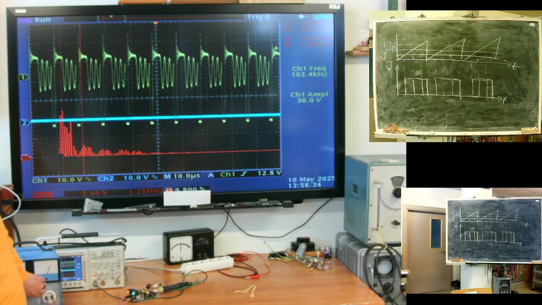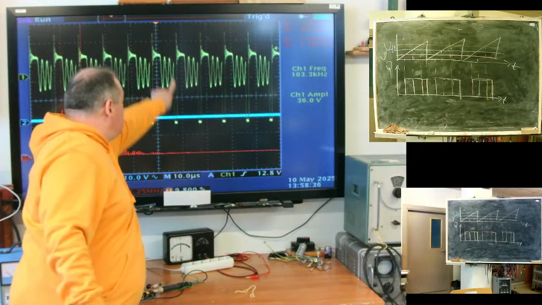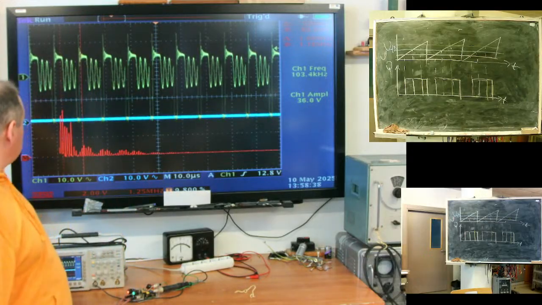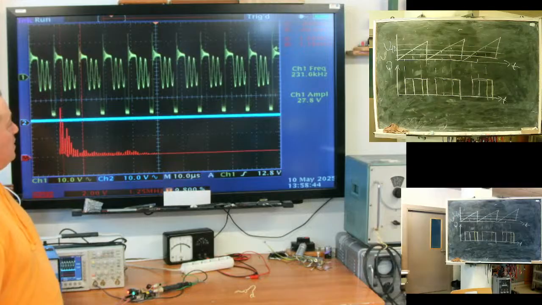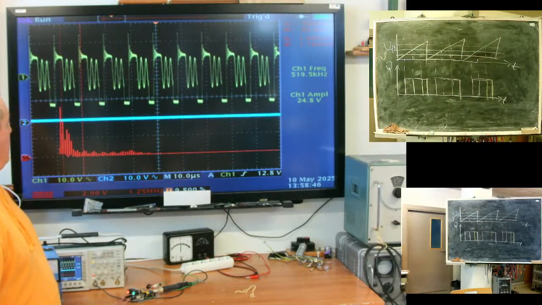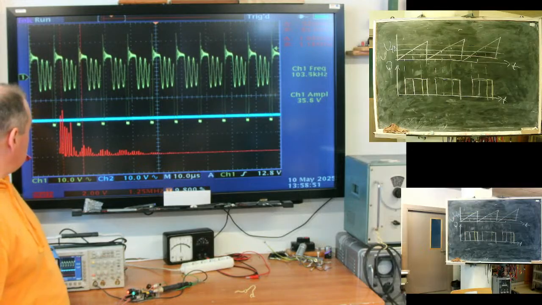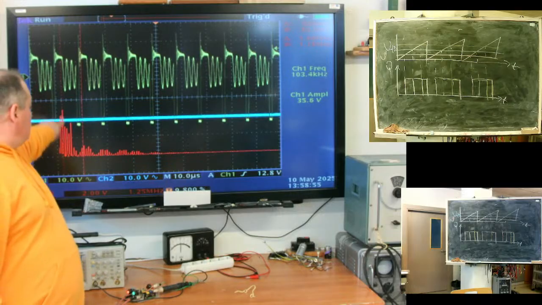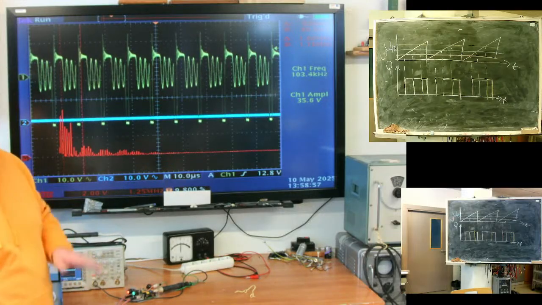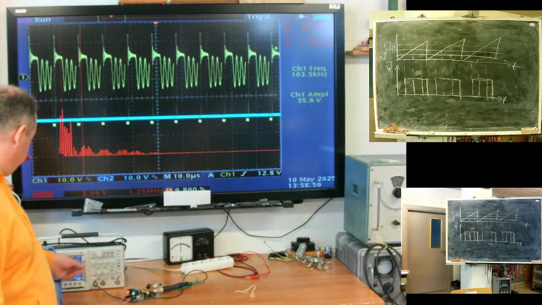PWM keeps area of this pulse and amount of energy transformer gets constant. You see? Area of pulse remains constant. Spectrum is complex.